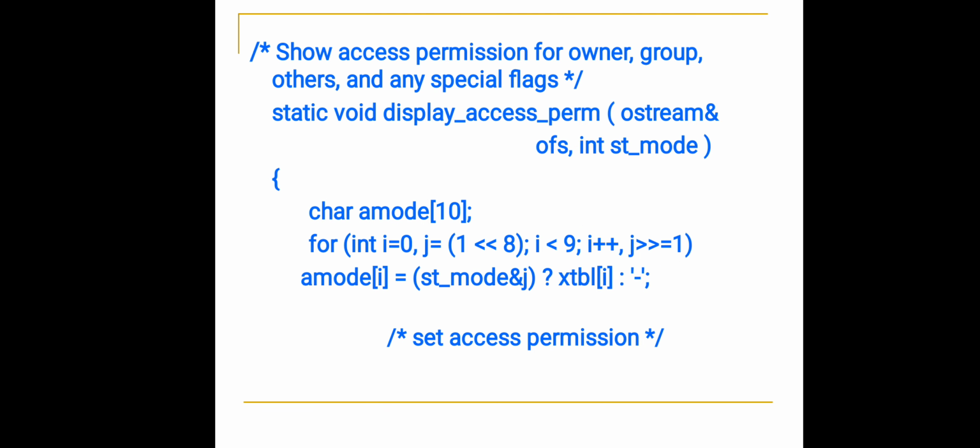Show access permission for owner, group, others and any special flags. static void display_access_perm(ostream &ofs, int st_mode). char amode[10]; for (int i=0, j=(1<<8); i<9; i++, j>>=1) amode[i] = (st_mode & j) ? xtbl[i] : '-'.